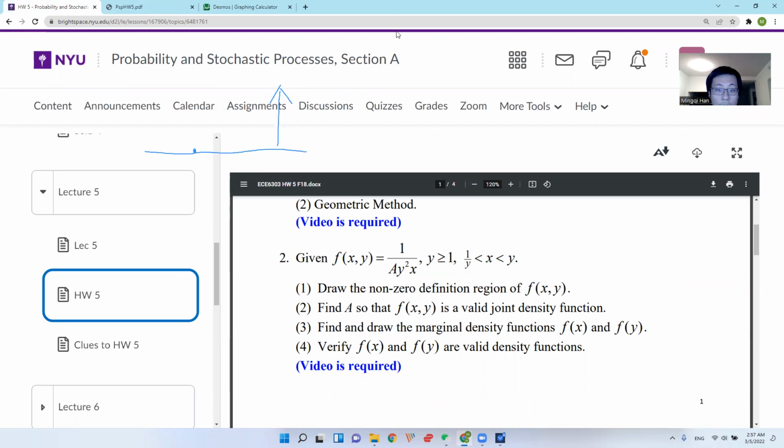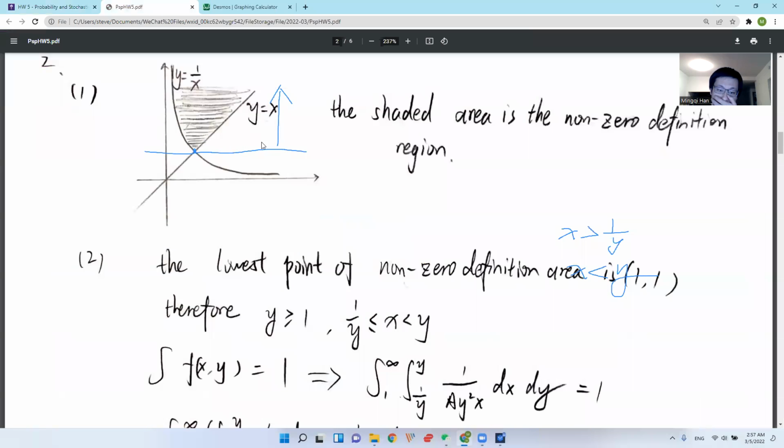So we can disassemble this part over here into x larger than 1 over y, and x smaller than y. It's basically telling us that this is the line of y equal to x.